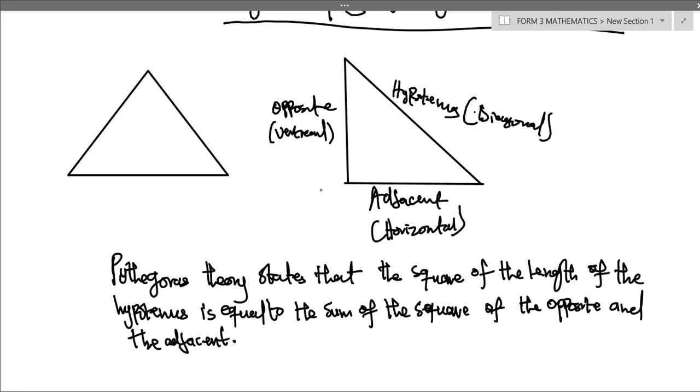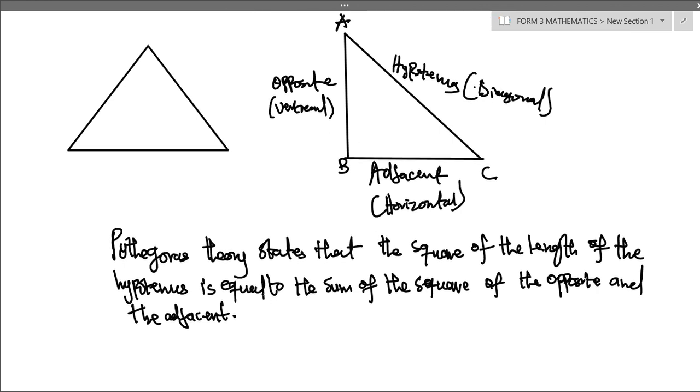In other words, if we label our triangle A, B, C, Pythagoras theorem mathematically defines that AC squared is equal to AB squared plus BC squared.